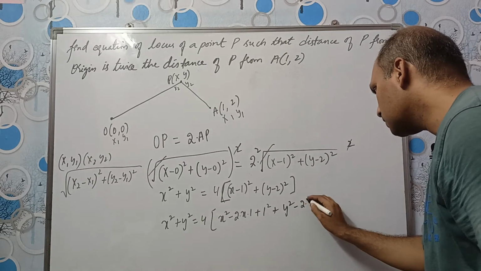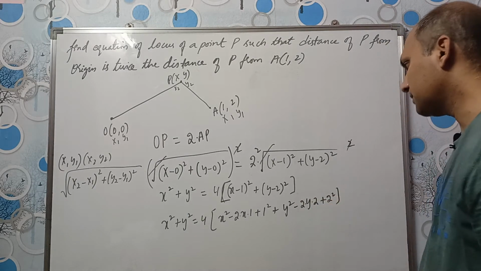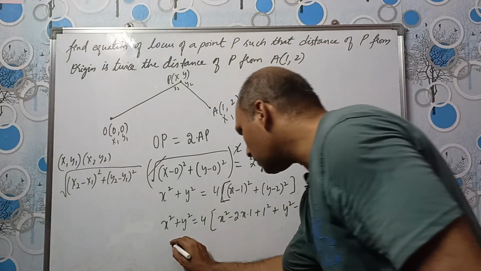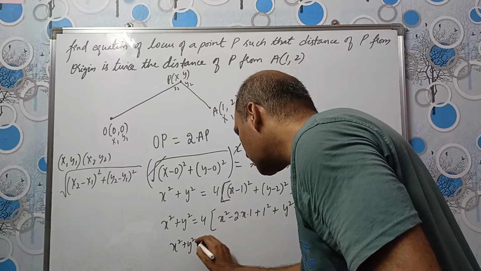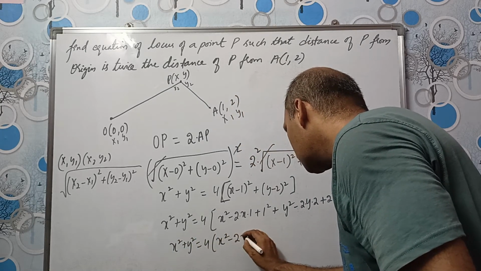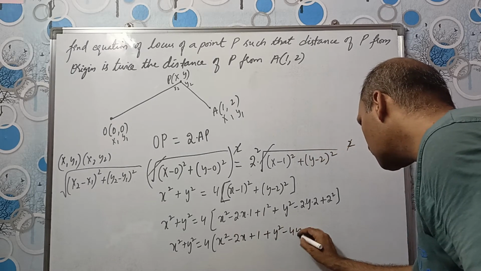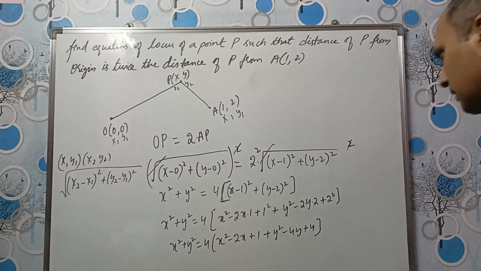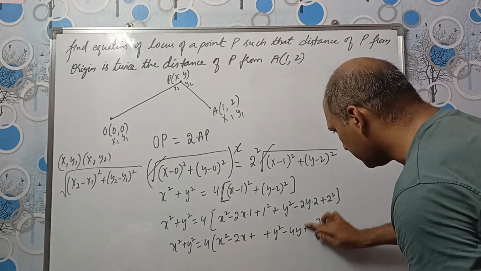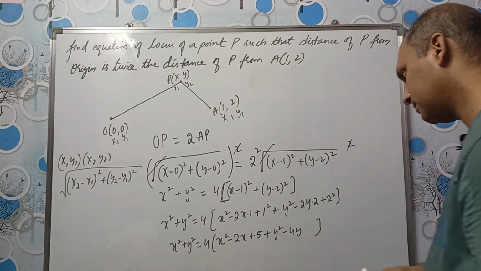Alright, so what do we have now? x square plus y square is equal to 4 times x square minus 2x plus 1 plus y square minus 4y plus 4. 1 plus 4 will be 5, right? So let us write that 5 here.